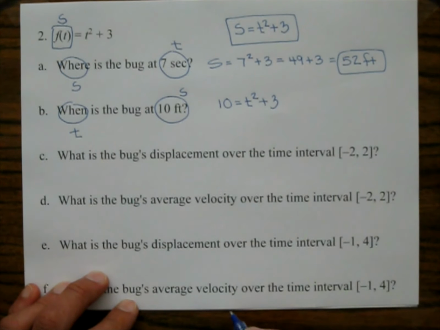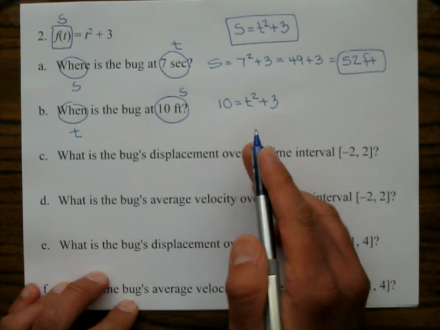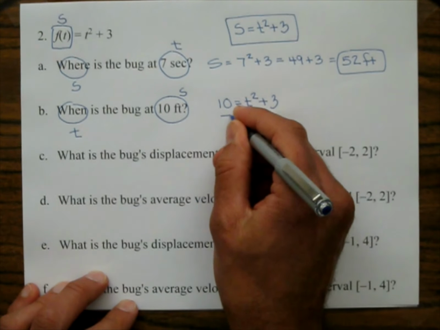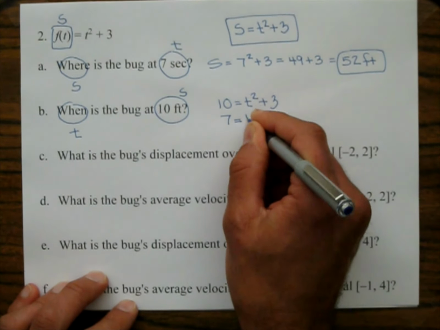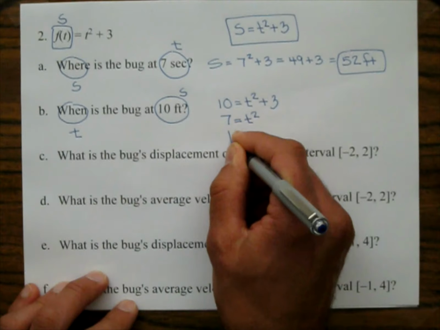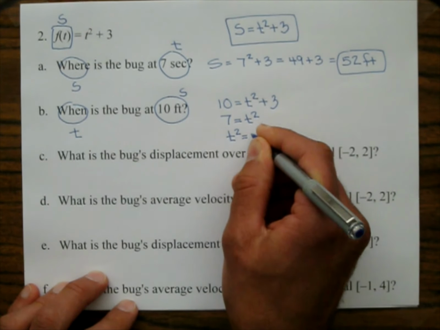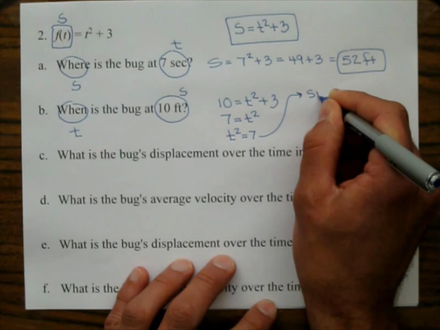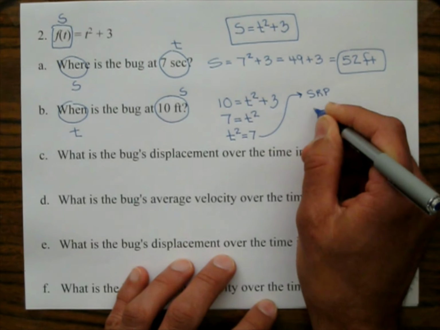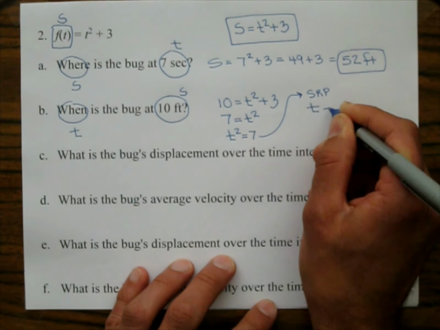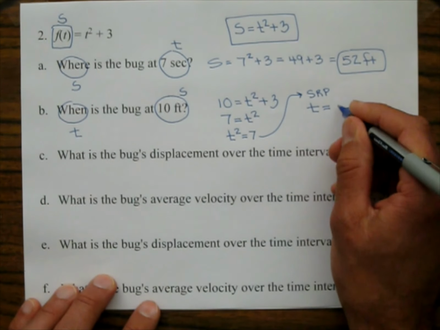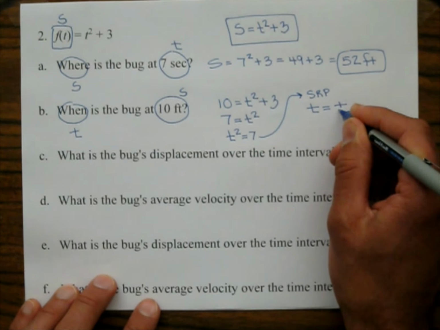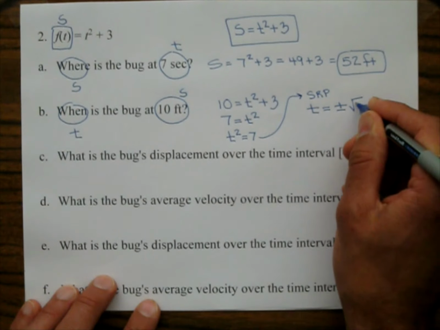I'm going to subtract 3 on both sides, so I end up getting 7 equals t squared, or t squared equals 7. Okay, so I'll move up here. I'm going to do the square root property, where I take the square root on both sides. I get t equals, and you can't forget this, plus or minus root 7.